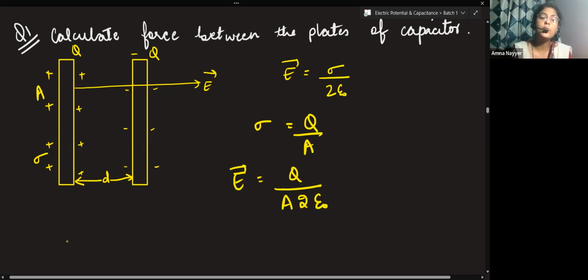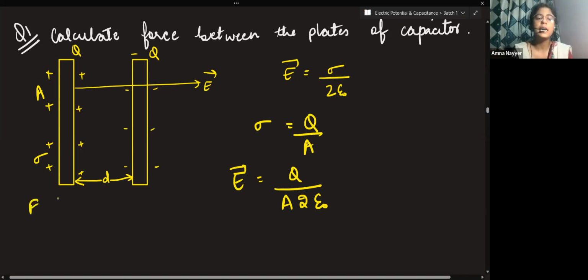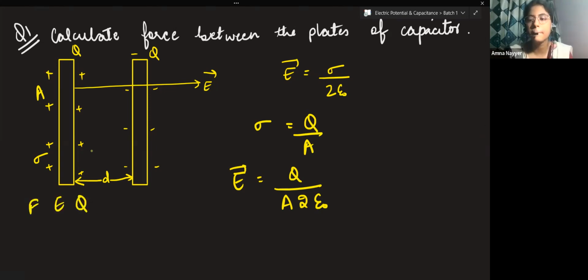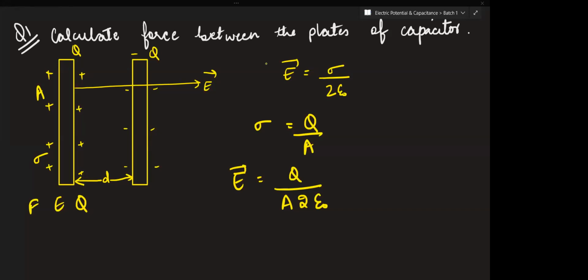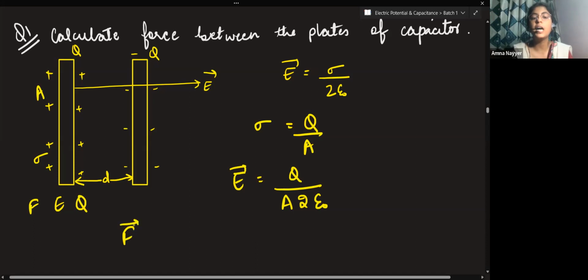Now, from Coulomb's law, Madiha, can you tell any relation between force, electric field, and charge? F is equal to QE, force is equal to charge times electric field. Yes, exactly. Now we are considering the force on the negative plate.